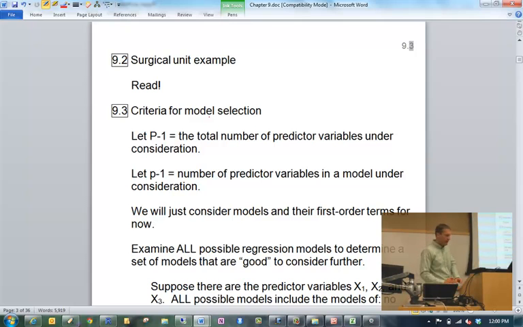Okay, section 9.3. We're going to look at ways that we can sort through the predictive variables that we have available to decide which ones we want to consider further for inclusion in a final regression model.